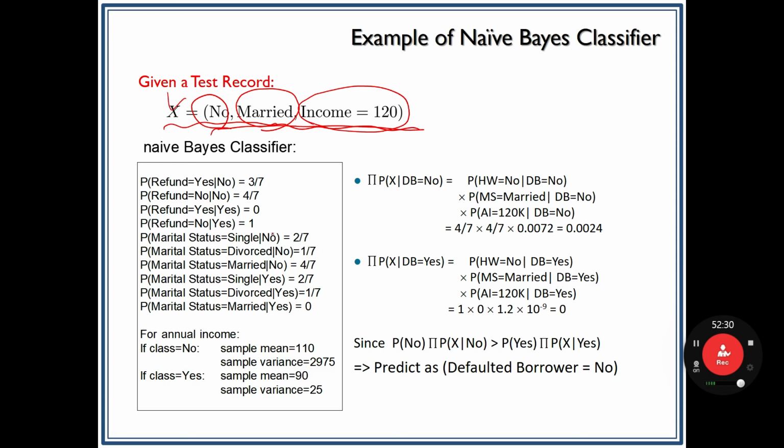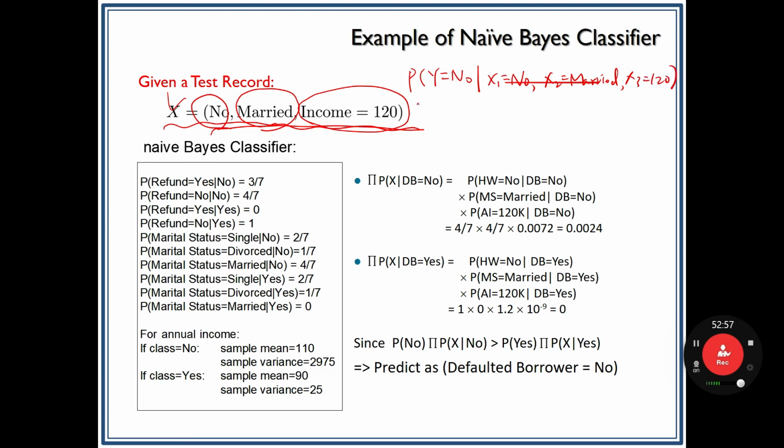To predict the class of this new guy, we compute the probability y equals no given x1 is no, x2 is married, x3 is 120.